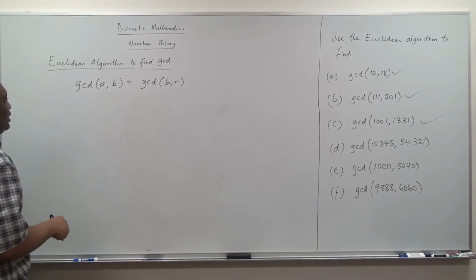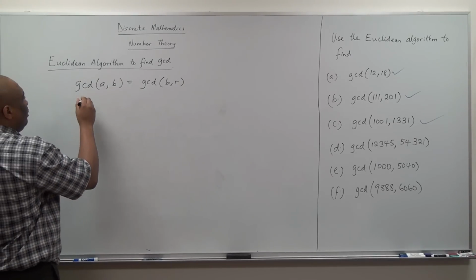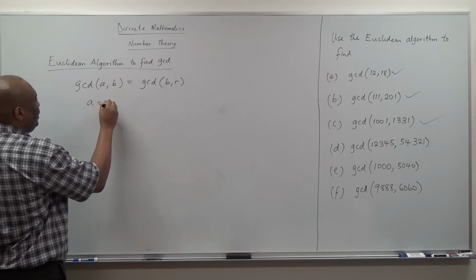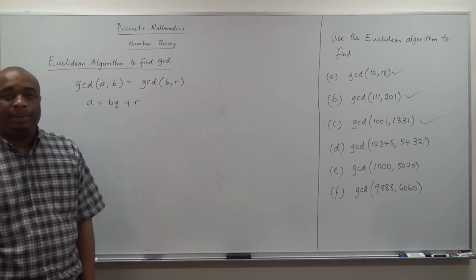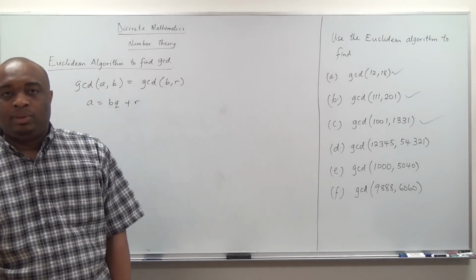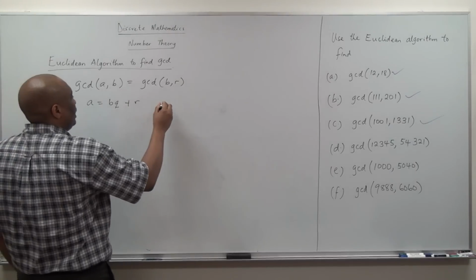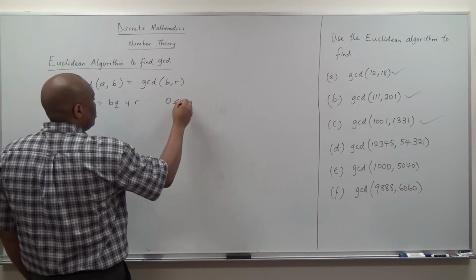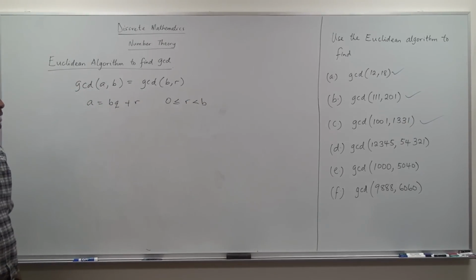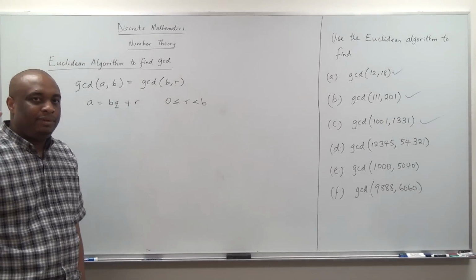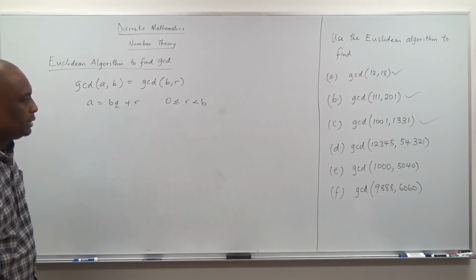The next one is that A is equal to BQ plus R, where A is the dividend, B is the divisor, Q is the quotient, R is the remainder. Then you should also know that 0 is less than or equal to the remainder, which is less than the divisor B. So this is what we said in the first video. You just need to know this.